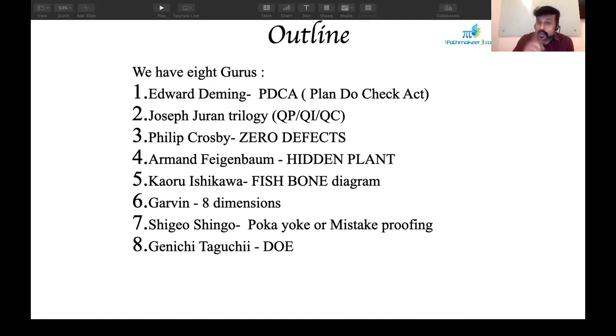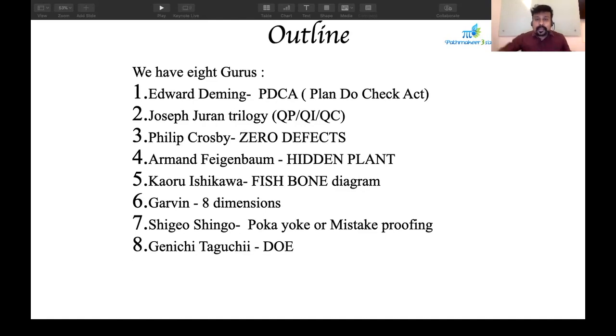Okay, coming to the last quality leader, Genichi Taguchi. His contribution is design of experiments: how to design solutions, how to prioritize solutions, how to select an optimum solution. A very, very useful tool, especially in organizations doing new product development.